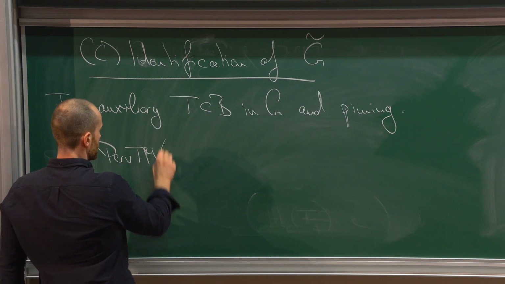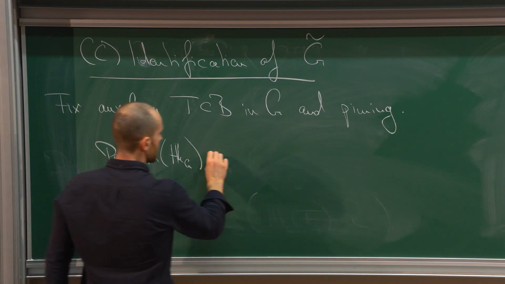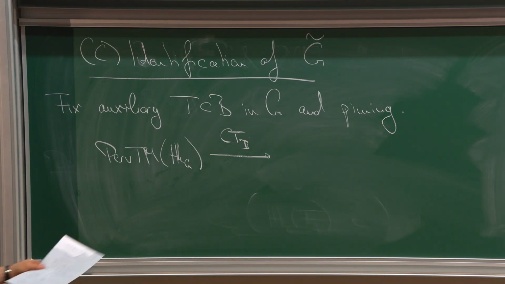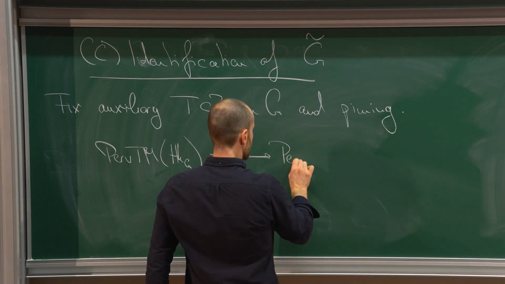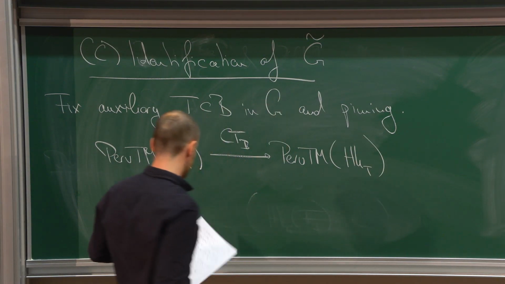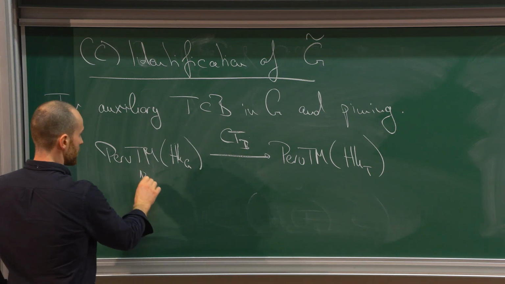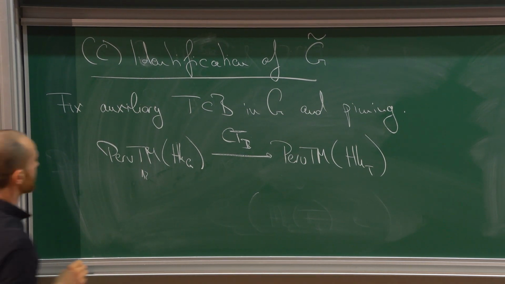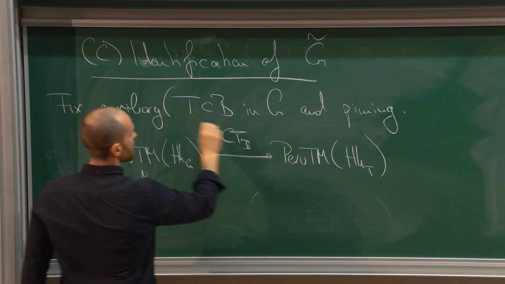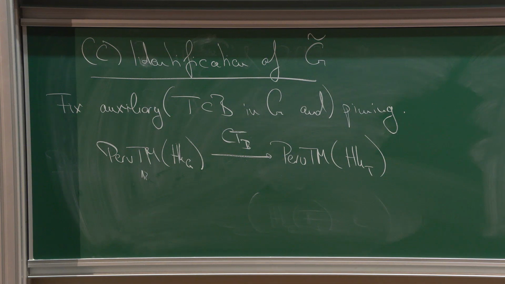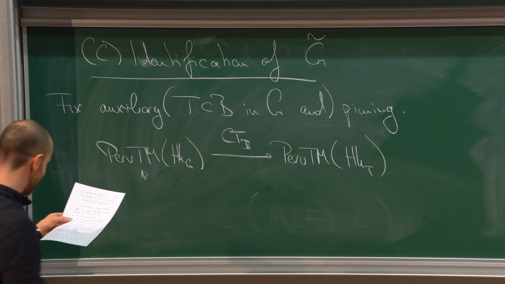So this is Tate motives on the Hecke stack and the constant term functor towards the Hecke stack for the torus.